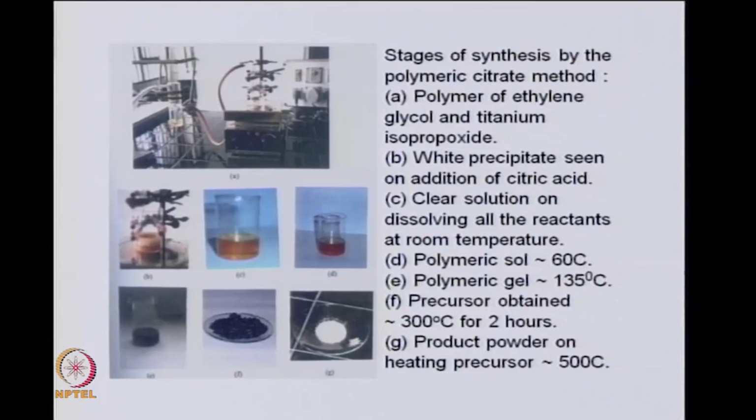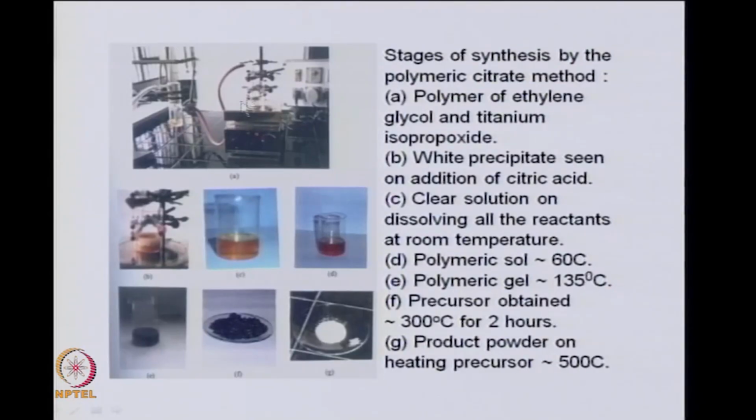What you see here is a magnetic stirrer, and on it you have a beaker, or you can have a conical flask, and there is a magnetic pellet here. Once you turn on this magnetic stirrer, it will stir the solutions, and you can see a tube through which a gas, typically nitrogen, is passed into this reaction vessel.